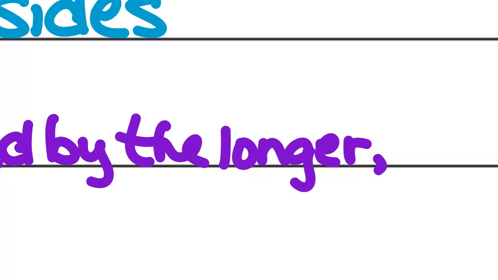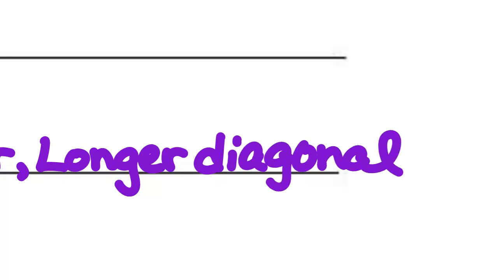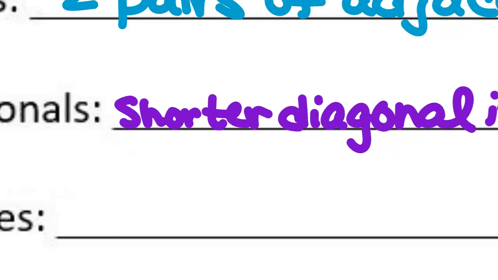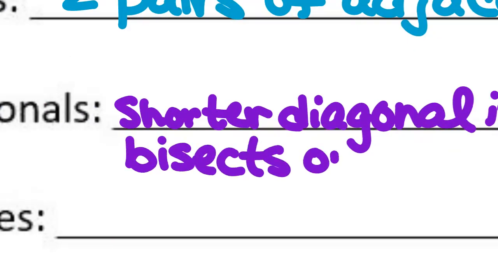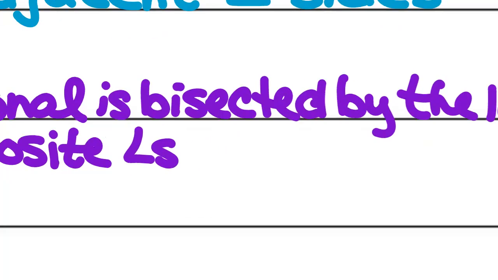The longer diagonal is bisecting opposite angles. And they are perpendicular.